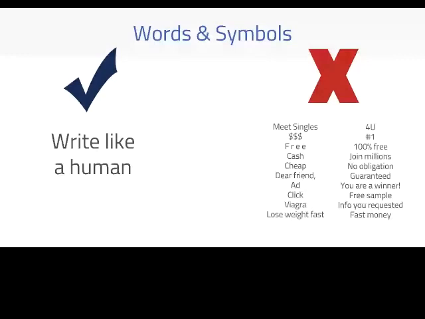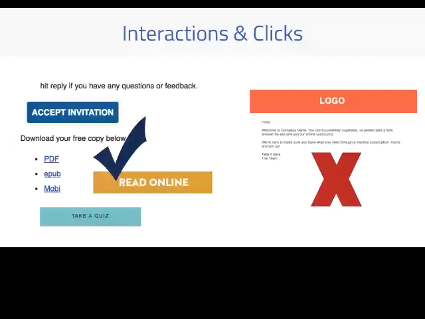Interactions and clicks. This is what I was talking about with the question I believe Mac had earlier about click-through rate. Make a button that stands out to the customer, like accept an invitation or read online, like the examples you see here.